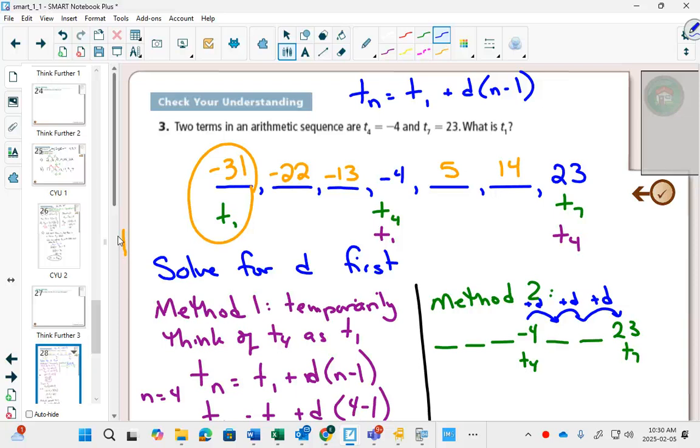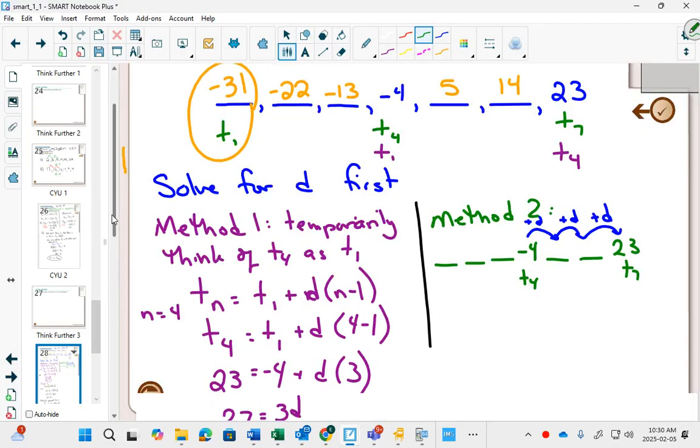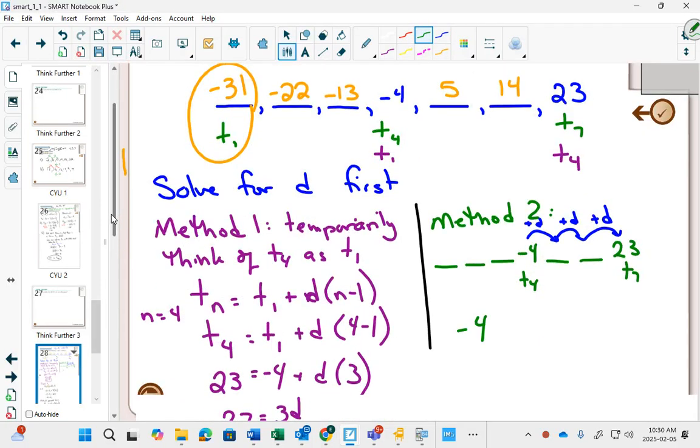And we can write an equation from this just using logic. No formulas involved from your formula sheet. The logic says this: if we started at minus 4 and added D 3 times, where would we get? We would get to 23.